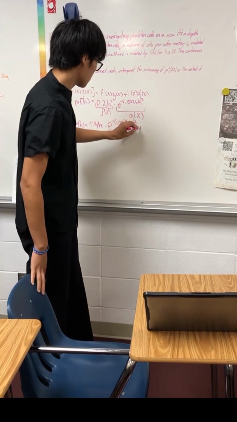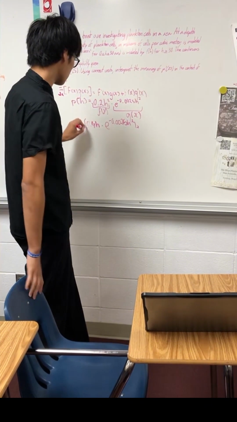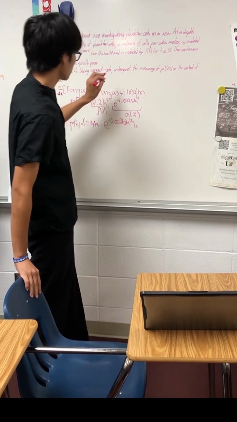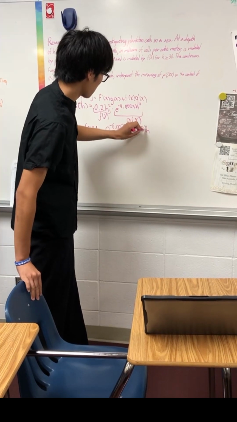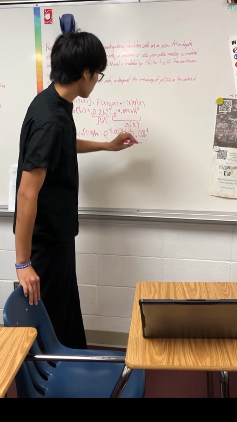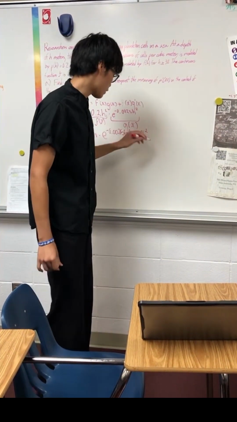Plus, we put this in parentheses, f of x, which is just 0.2h squared, multiplied by your g prime of x.